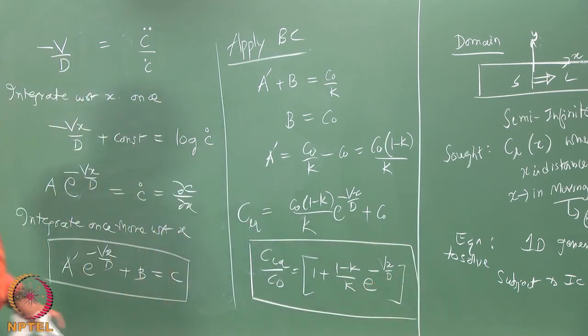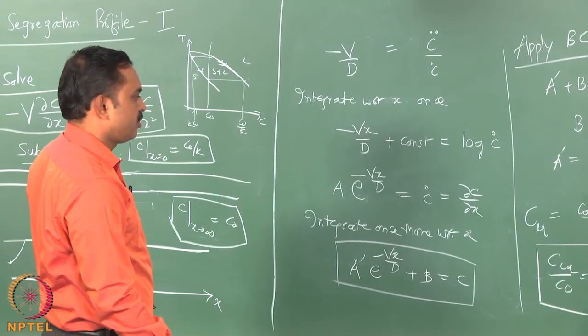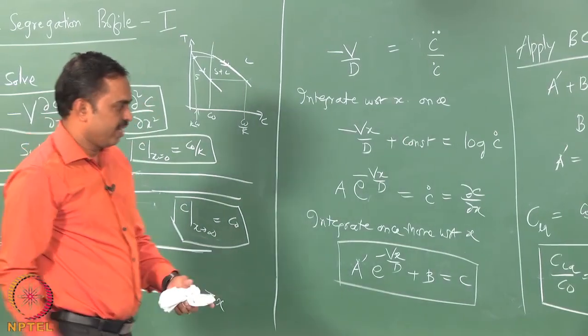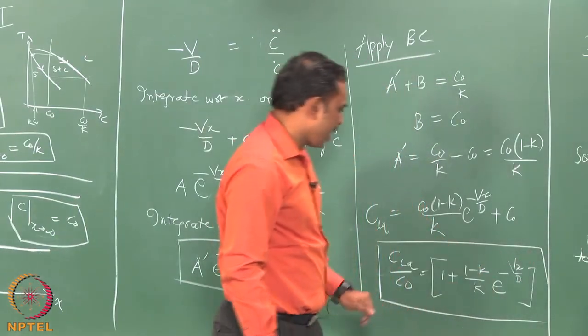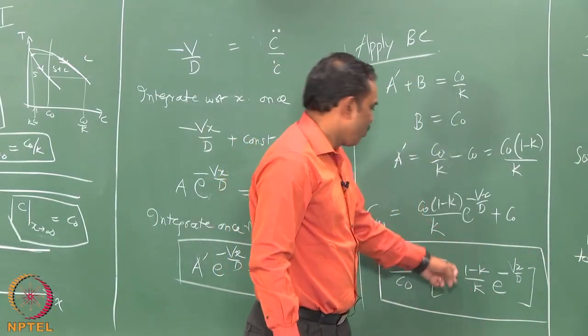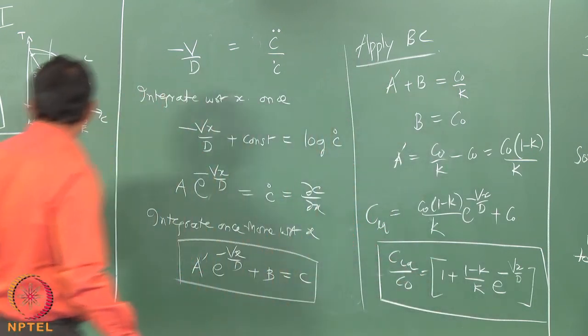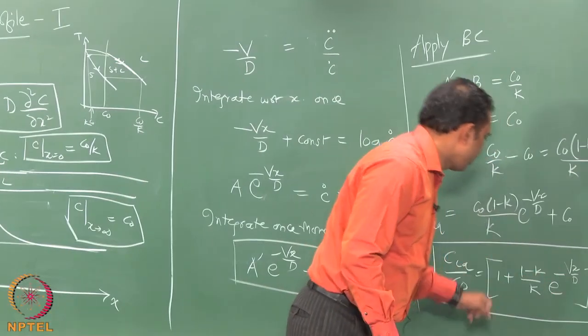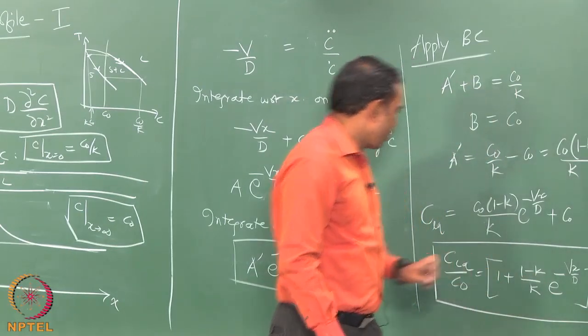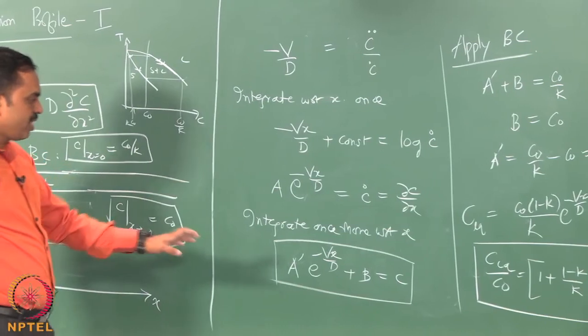So, you can see that you have an exponential function to tell you how the composition is varying. When x is equal to 0, then you have got this unity, and you can see that it will become basically 1 by k, c naught by k, and that is the value c naught by k here, and x is equal to infinity, this goes to 0 and that composition will be just c naught, and that becomes c naught here. So, we have verified.